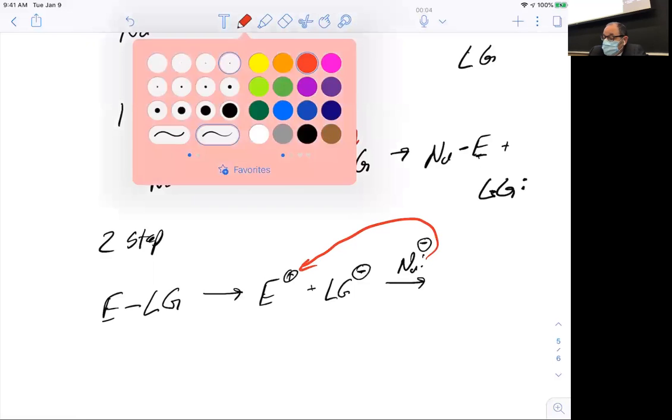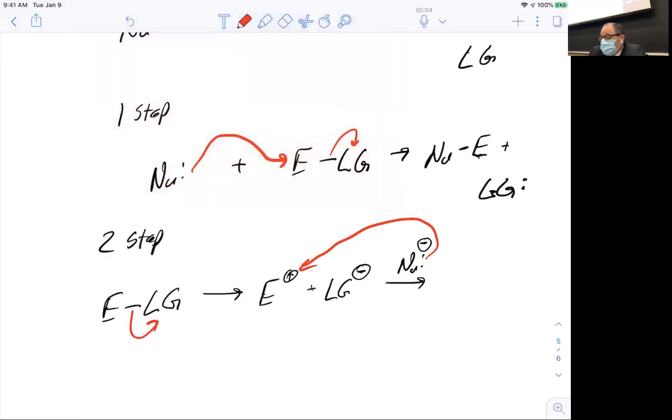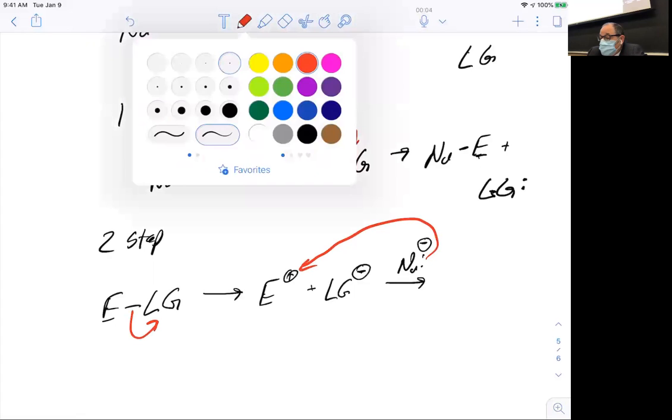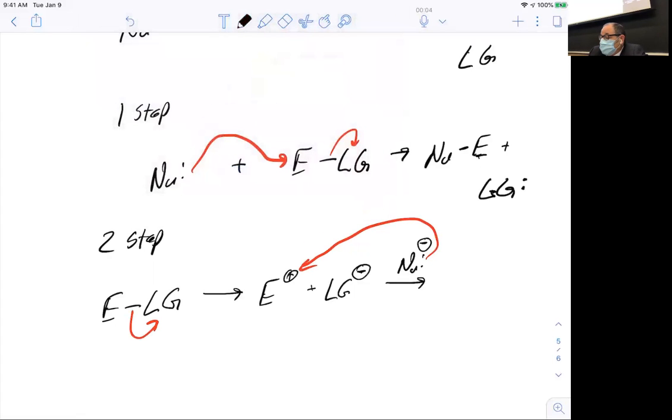So first step, leaving group leaves, takes the electrons with it. Second step, nucleophile attacks the electrophile, and we end up with the leaving group.